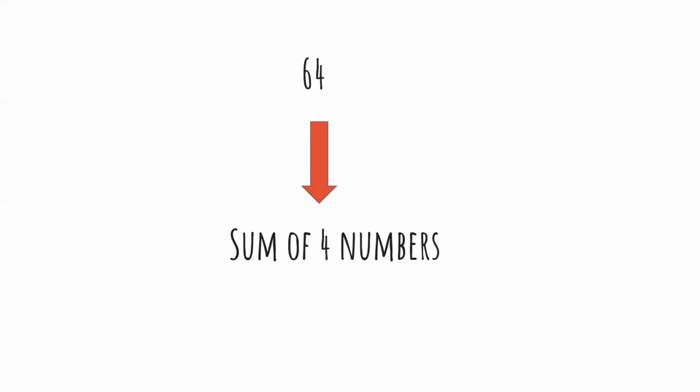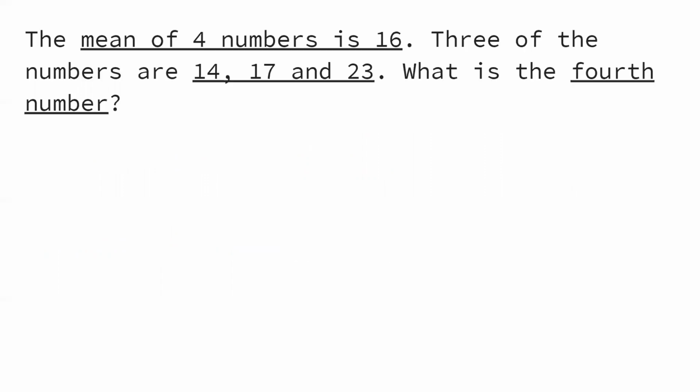Do we know what those 4 numbers are? Let's look at the problem. We can identify 3 of those numbers, 14, 17, and 23. So we don't know what the 4 numbers are, but we know that the sum of them will be 64.